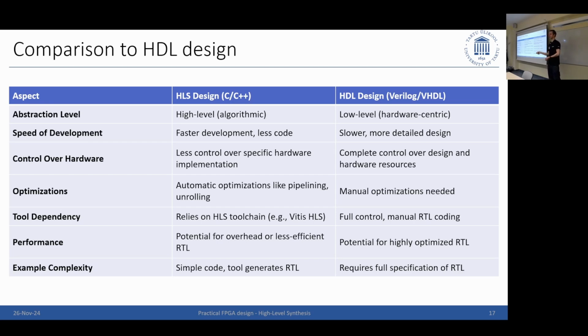But there are clear application scenarios where it just saves so much time, but it might not be interesting for every company as well. If you are known for having high performance stuff and you take your time but you're good, then you're going to stay here. If you want to go into server-based or cloud-based things, then you might want to consider HLS, because you have your framework around and you write your HLS code each time for your algorithm.